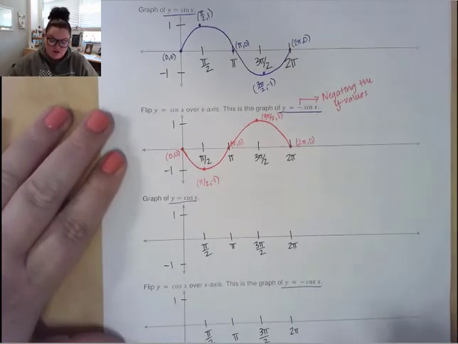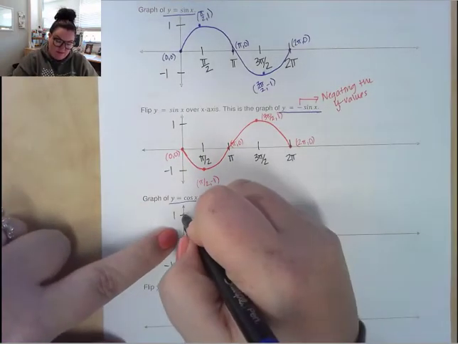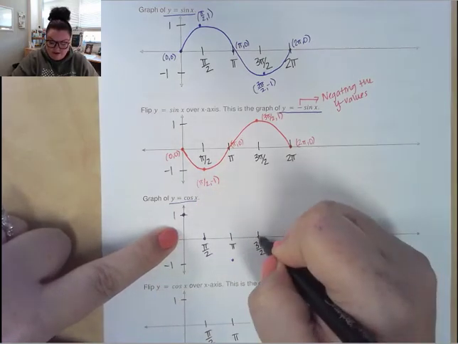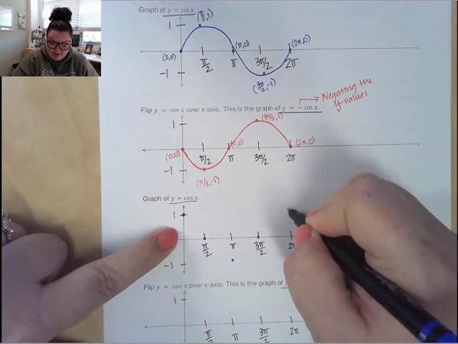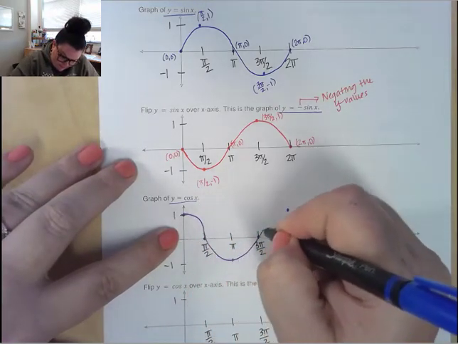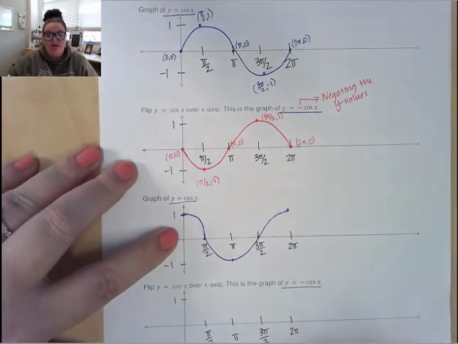Okay? So if I look at the cosine curve, we know cosine starts up at 1, then goes down to 0, down to negative 1, back up to 0, back up to positive 1. So this curve looks something like this, right?